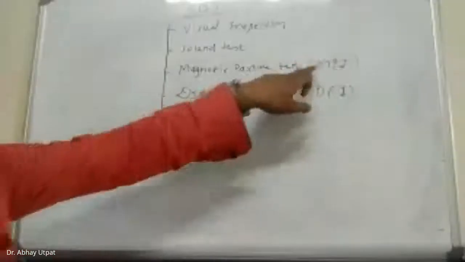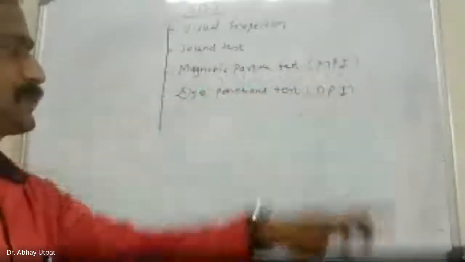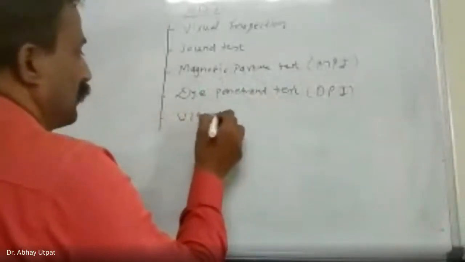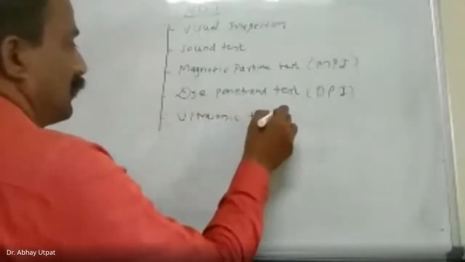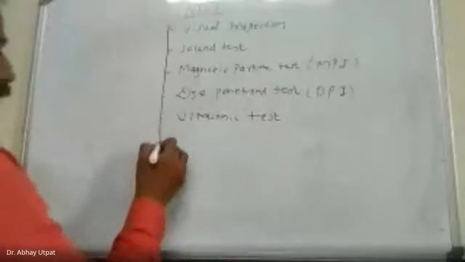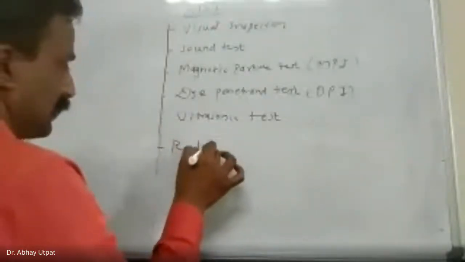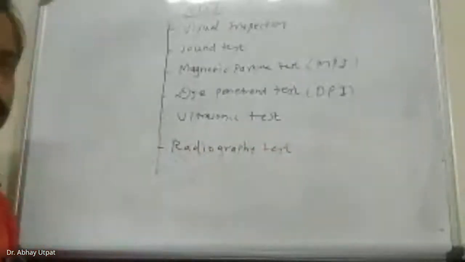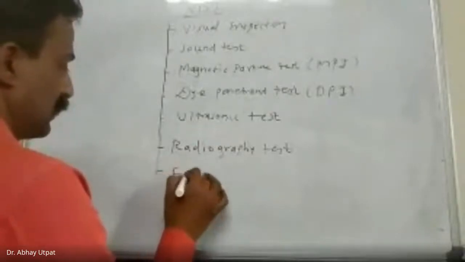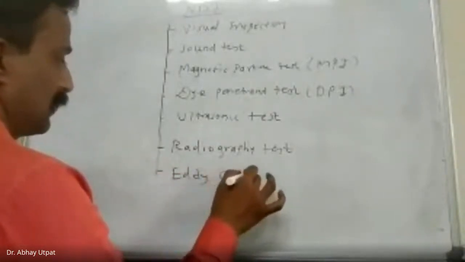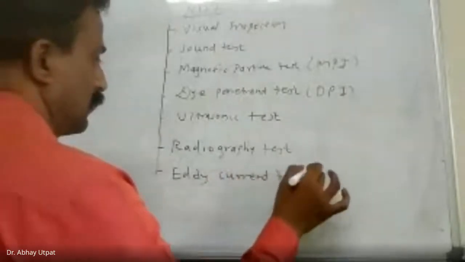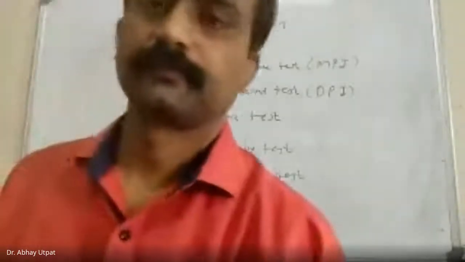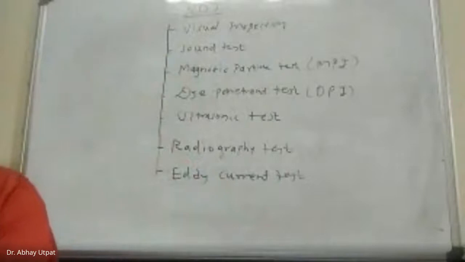MPI stands for magnetic particle inspection, dye penetrant inspection. Ultrasonic test, radiography test, eddy current test. Classification of entities.